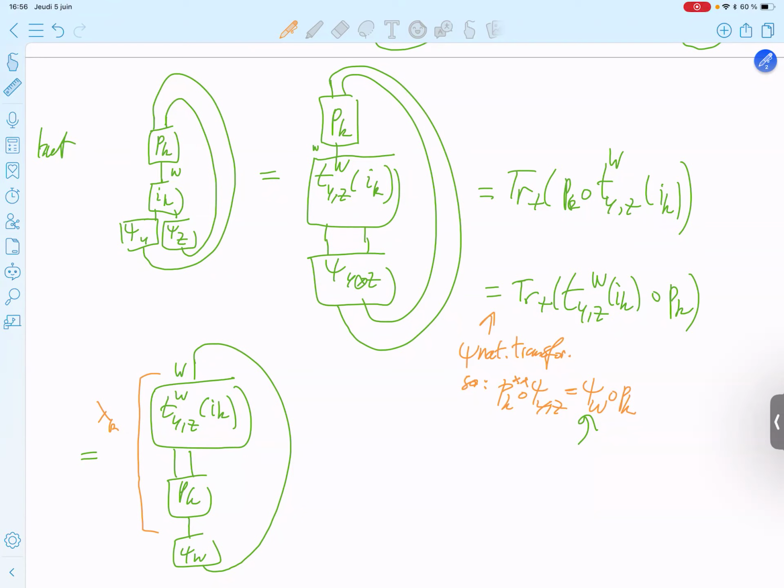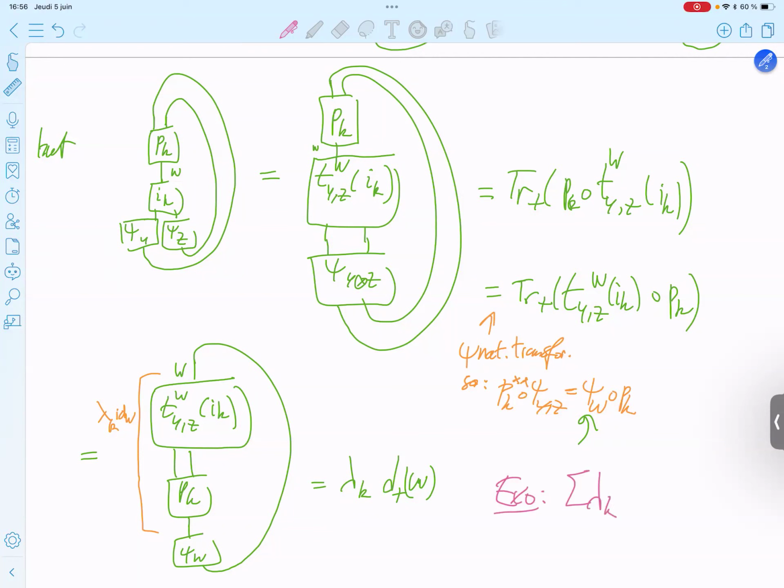Some constant times identity of W. So this is equal to lambda k, and then it's just d plus of W. So what remains to show as an exercise is the sum of the lambda k.